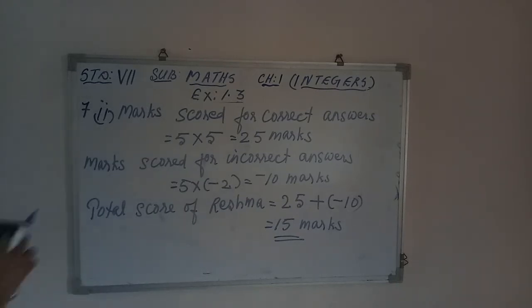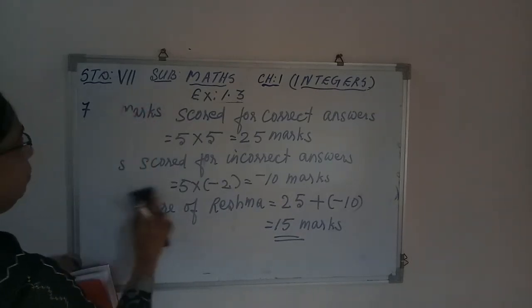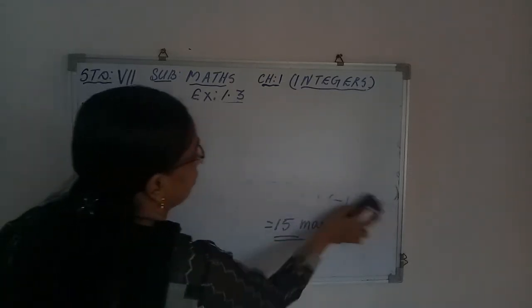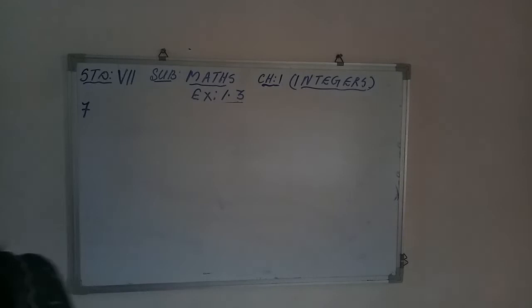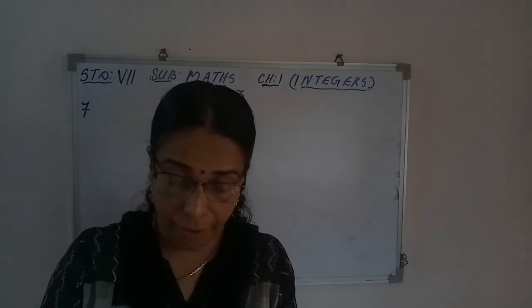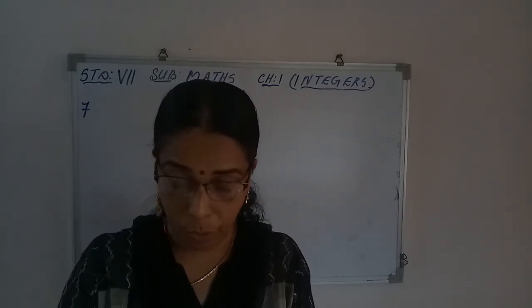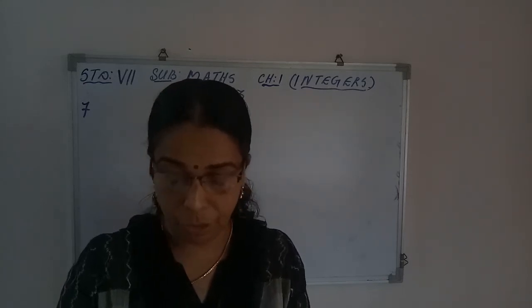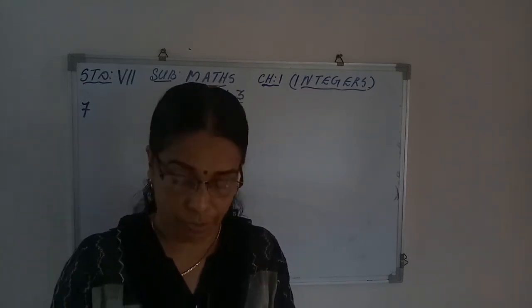Now Hina. In case of Hina, third one, Hina got 2 correct answers and 5 incorrect answers. And what about the 3? 3 is not attempted. So she has attempted only 7 questions.